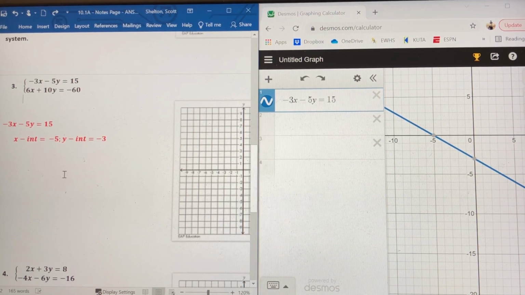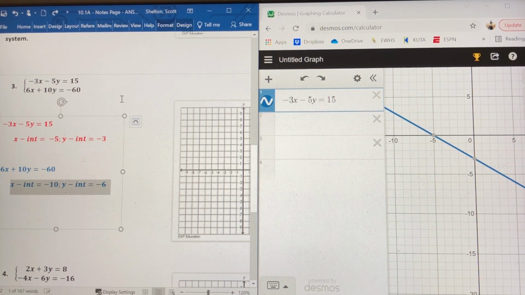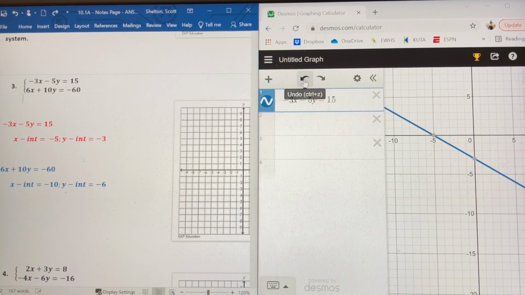With my second equation, when the y goes away, my x would have to be -10, and when I get rid of the x, my y-intercept would have to be -6. So let's graph that. We've got an x-intercept of -10 and a y-intercept of -6.